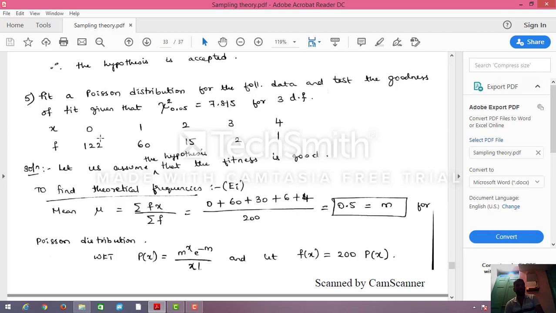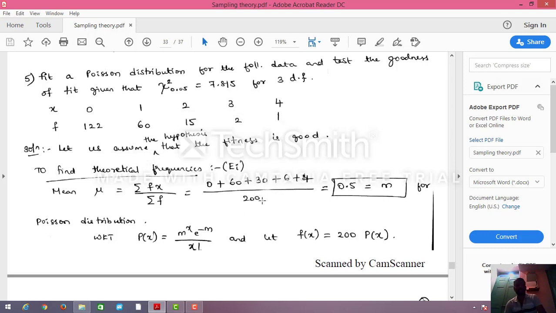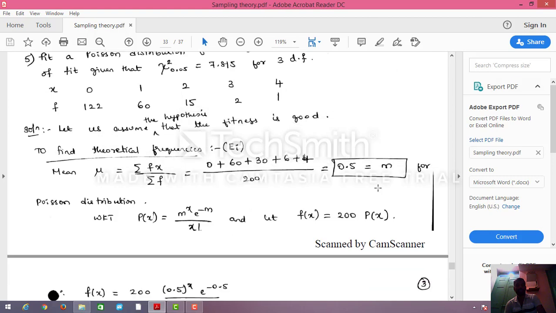That is 0, 60, 30, 6, 4, divided by the sum of frequencies, which is 200. If you add and divide by 200, the mean equals 0.5. So what is this?